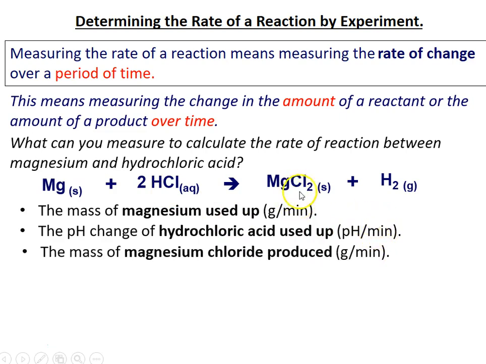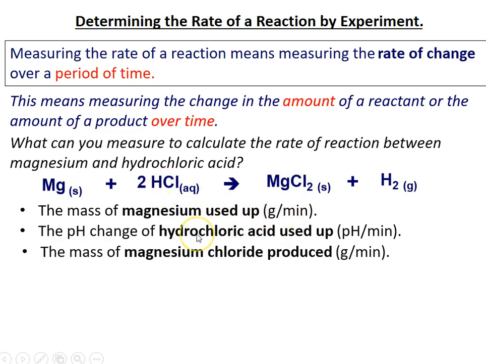You could measure the amount of product that was formed, so the mass of magnesium chloride formed in grams per minute. These 2 things in reality would be difficult to measure because they would both be present at the same time. So when you're weighing it, it would be hard to know, are you weighing the magnesium or is it magnesium chloride? So magnesium and magnesium chloride would actually be difficult things to measure.